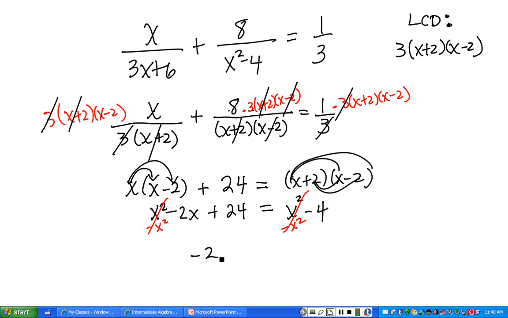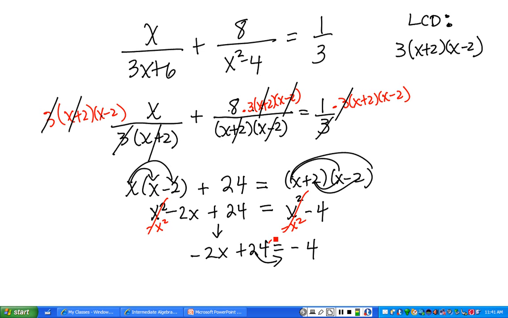So we have negative 2x plus 24 left on the left side equals a negative 4 on the right side. Now what would you do? Since we have the x term on this side, let's go ahead and subtract 24.